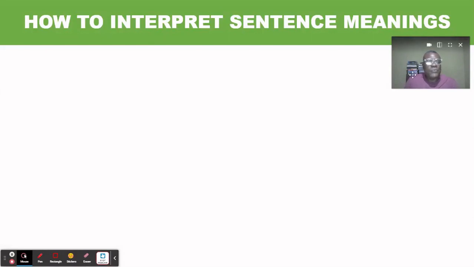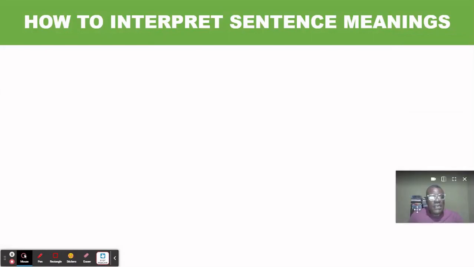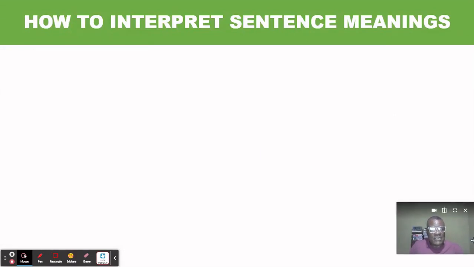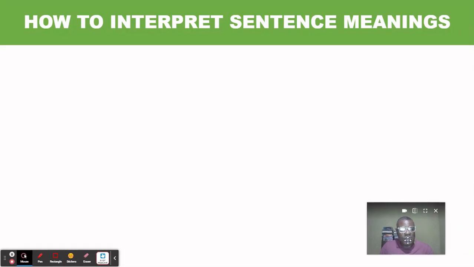Now let's begin with how to interpret sentence meanings. And of course, when we say sentence meanings, in most cases, those sentences contain idiomatic expressions.